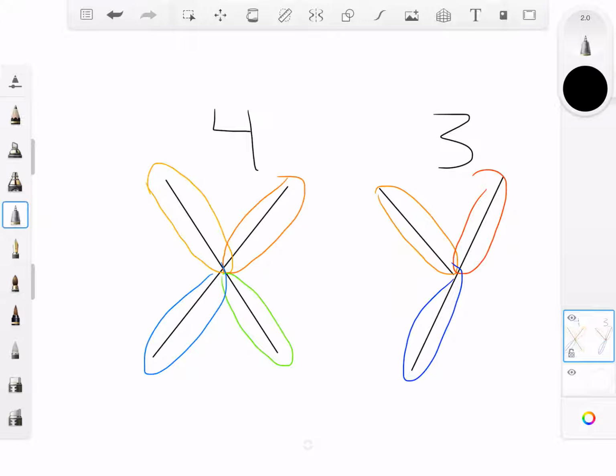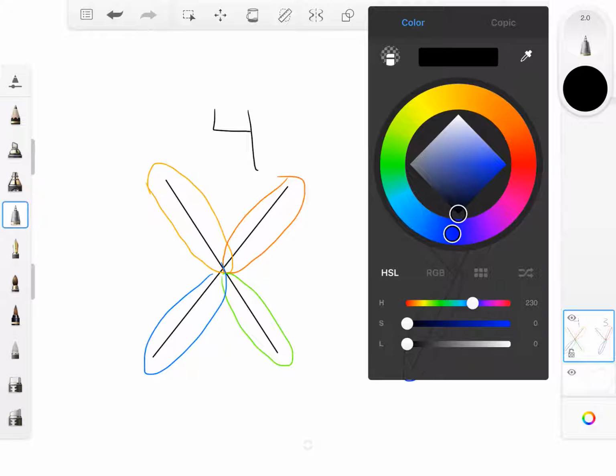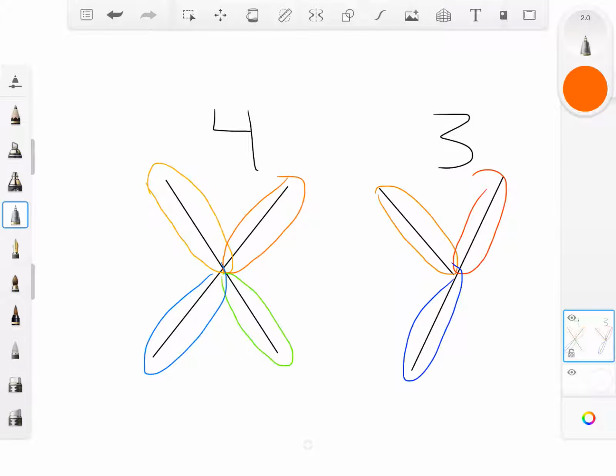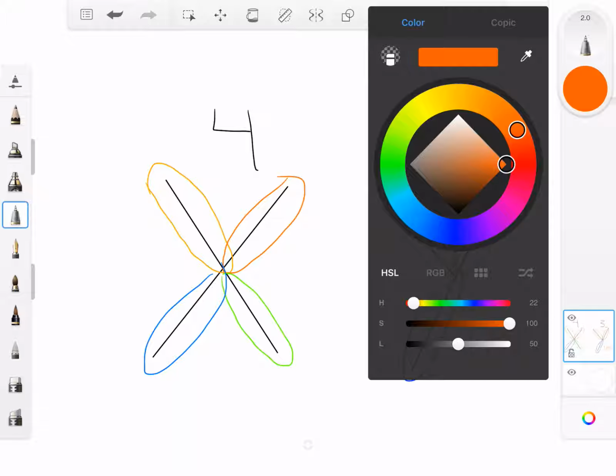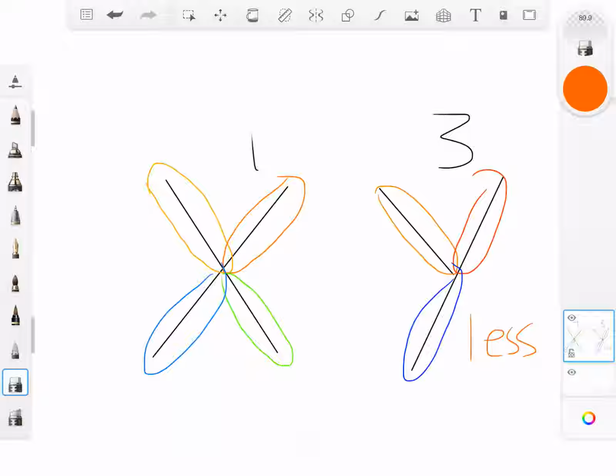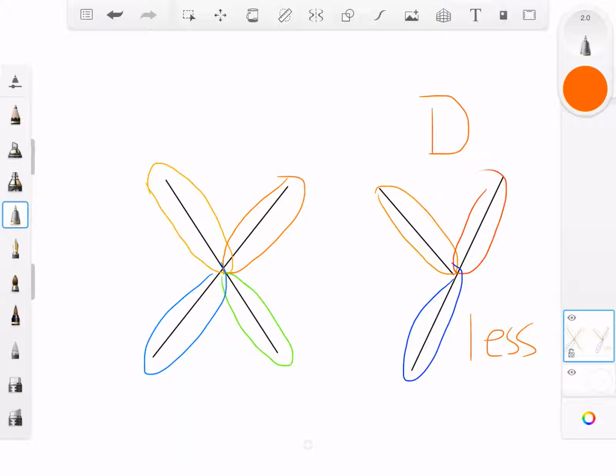If you can picture this, you'll be able to see and visualize that your Y chromosome has less genetic information than the X, which is why it does not matter if the father actually provides a dominant allele.